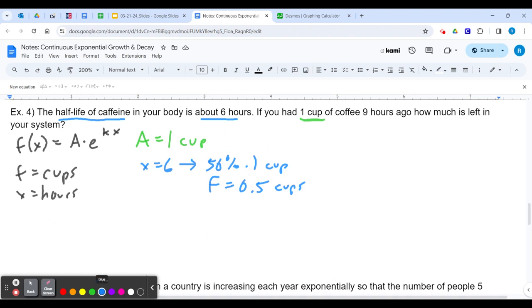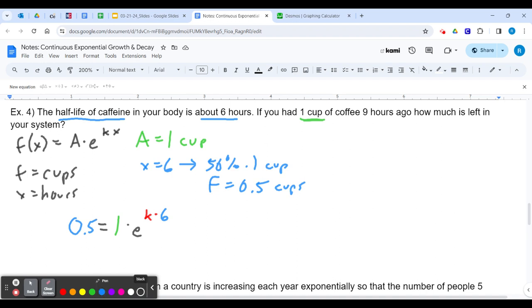I know that what I want to do is set it up with my initial value. So a equals 1 times e. We are solving for k, so I'm going to make that red. And I know that at hour 6, so when x equals 6, I have 0.5 cups in me. So I can plug those into my equation there.